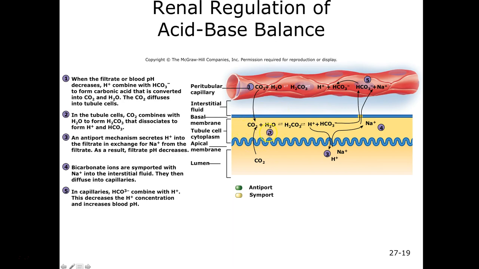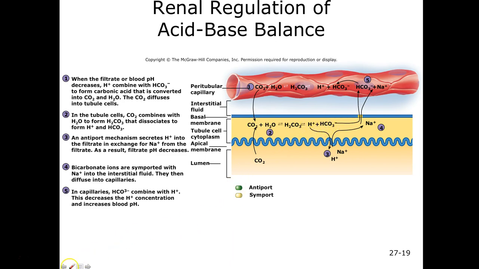So this is happening at the PCT. Our carbon dioxide will combine with the water through this equation again, we dissociate, and we get our hydrogen and our bicarbonate ion.